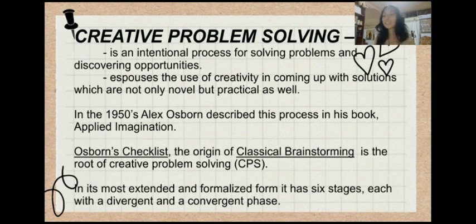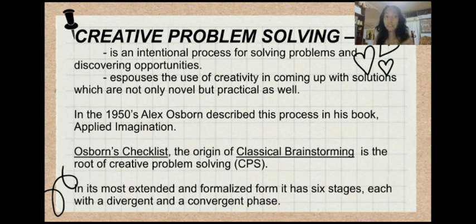In its most extended and formalized form, it has six stages, which is shown below, each with a divergent and convergent phase. When we say divergent, we include divergent thinking, which is the process of solving a problem by employing ways that differ from commonly used or existing strategies. When we say divergent techniques, we think beyond the ordinary, we think of unique ways to solve a problem.